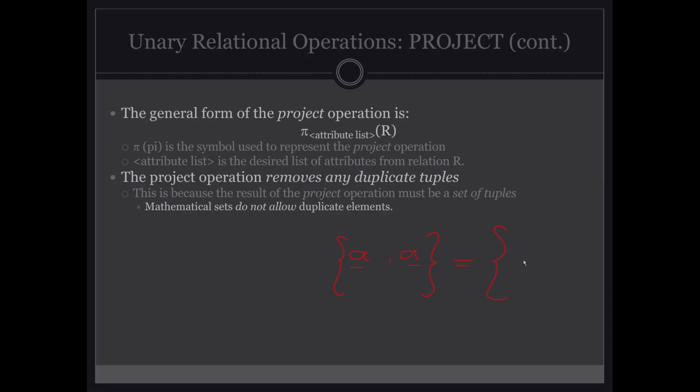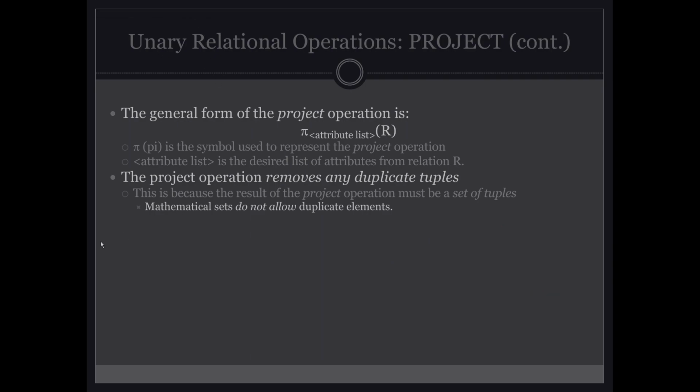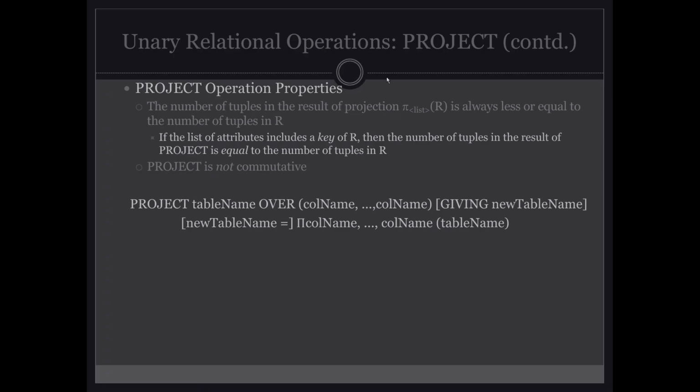It's actually just the exact same thing as the set containing only one element, which is A. There's a thing called multisets in which they would be two different sets, but we're not covering that at all, so no need to confuse you.